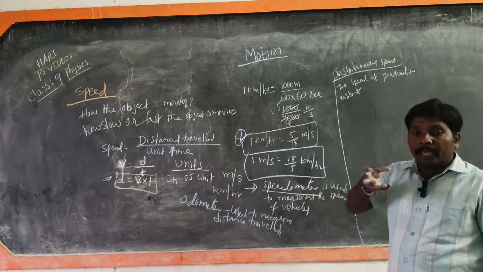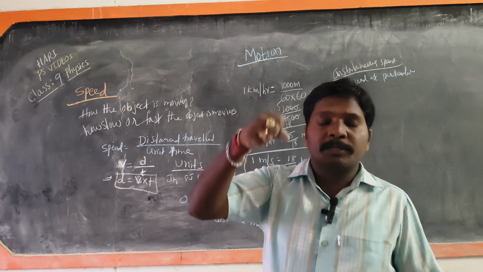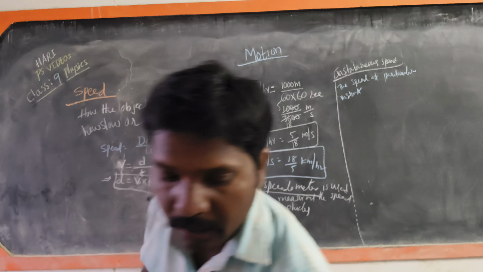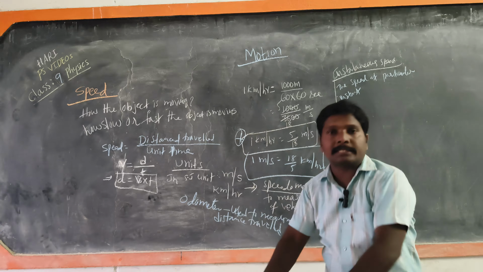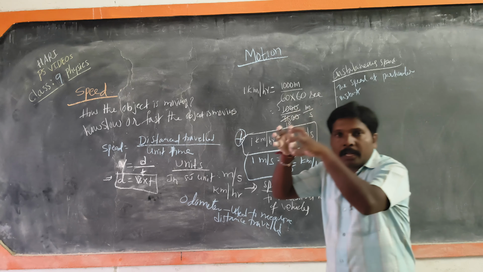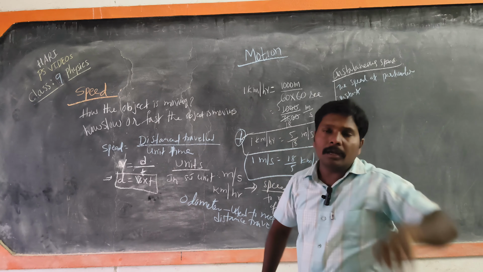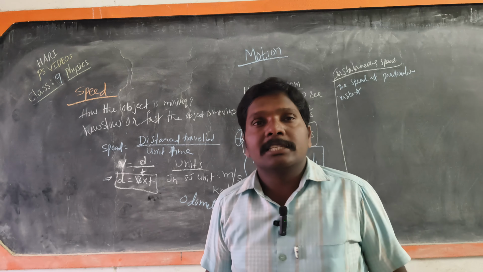Similarly, if we know the speed of the moving object at any particular time or at any particular place, we can call it instantaneous speed.